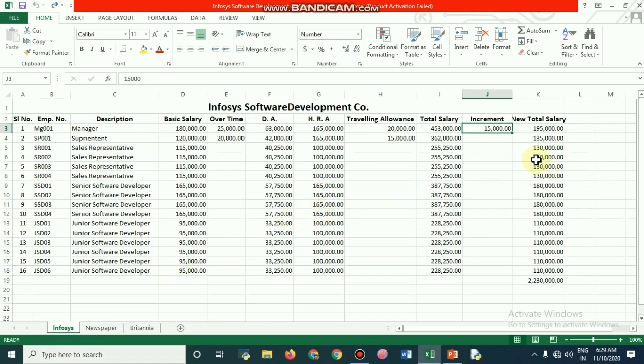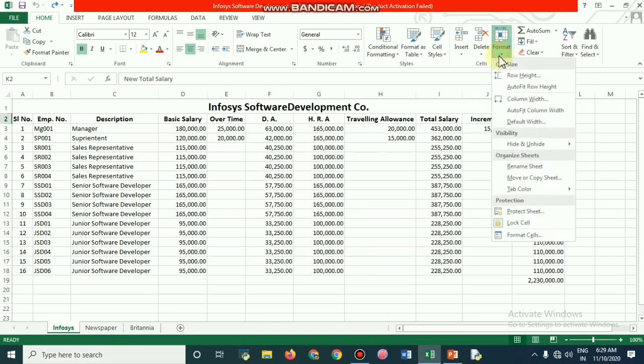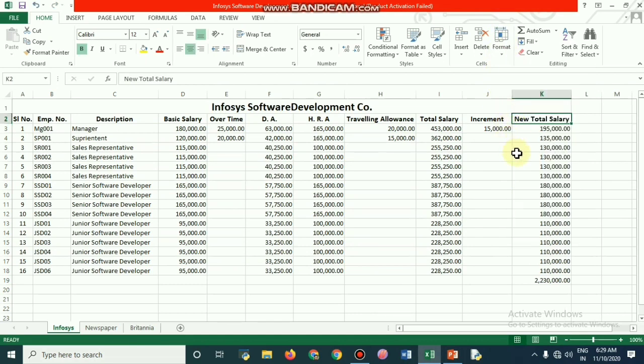For example, the increment is given in such a manner that each employee in the institution is given an increment of 15,000 rupees.